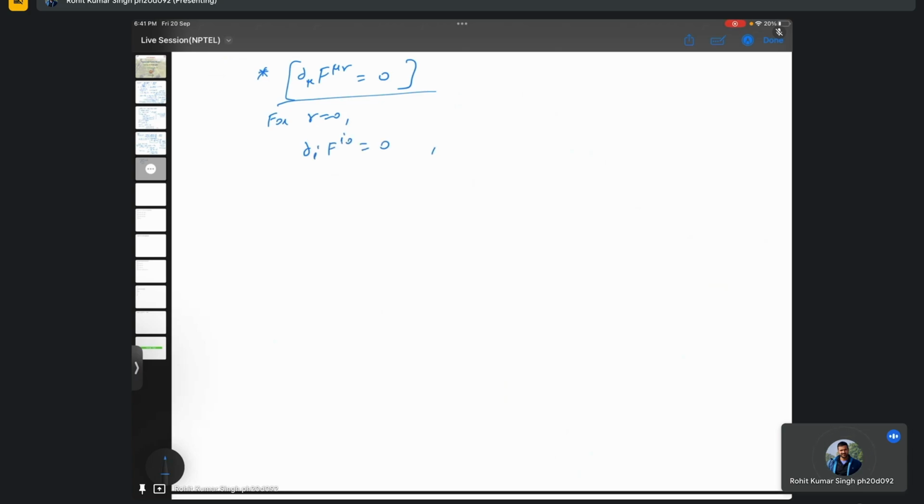This, right? Because we know that F00 is 0 by definition. Is this fine? Because it's an antisymmetric tensor, all the diagonal elements will be 0. This is the property of an antisymmetric tensor.